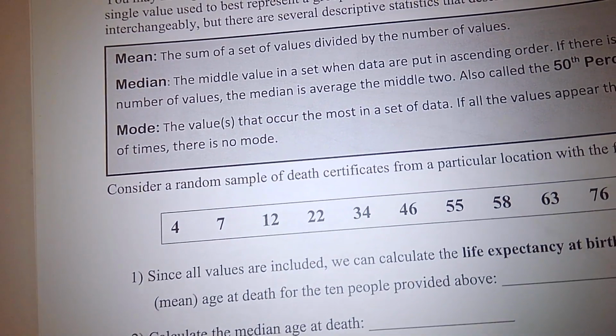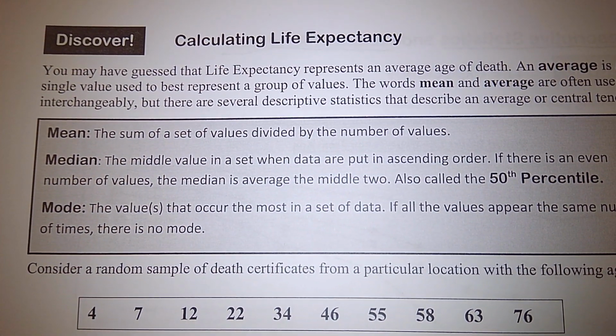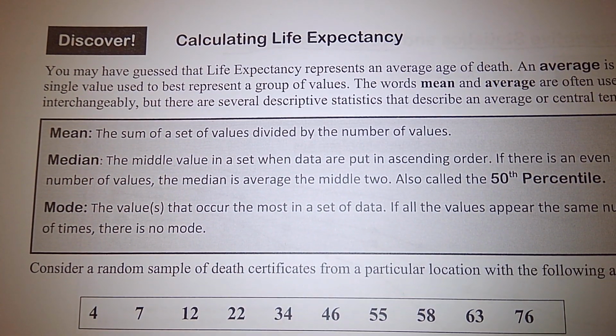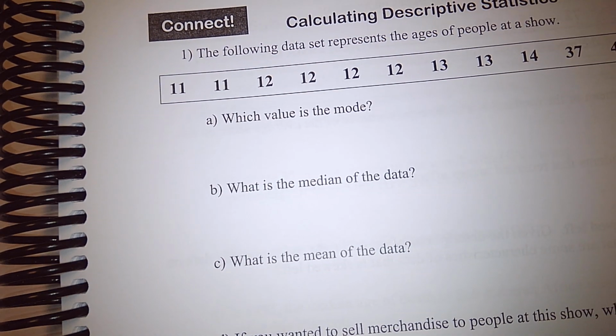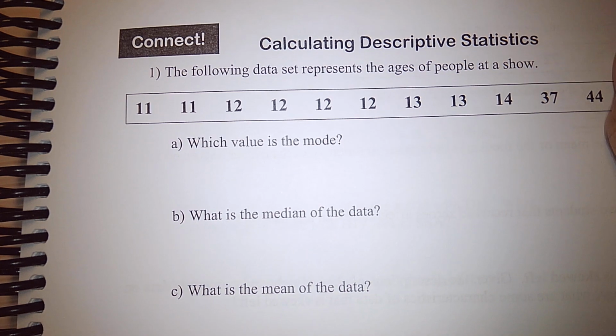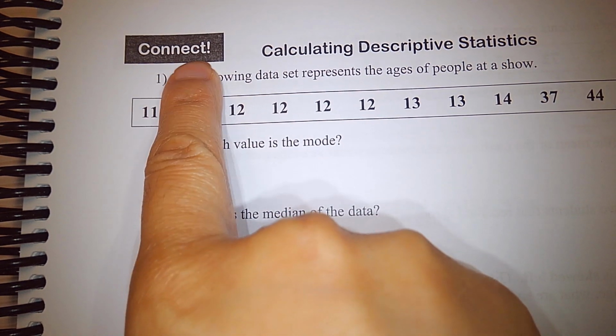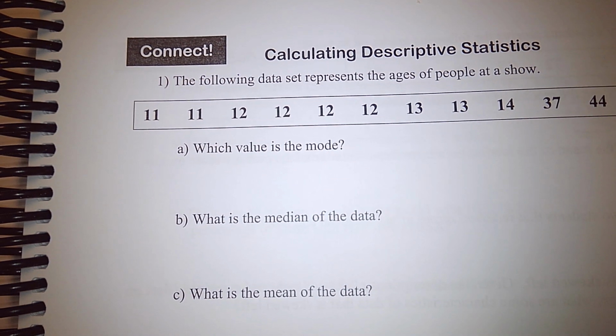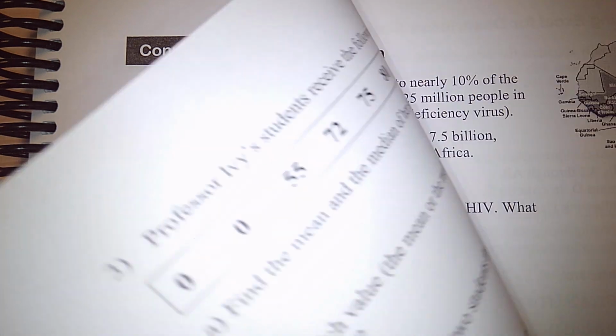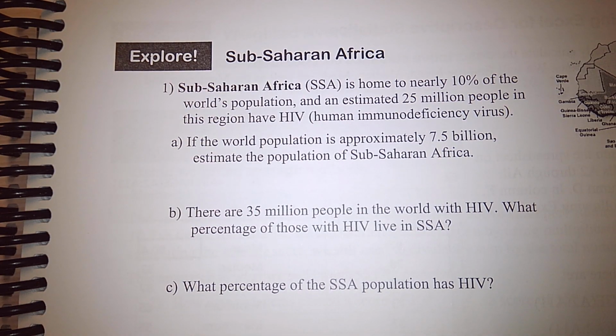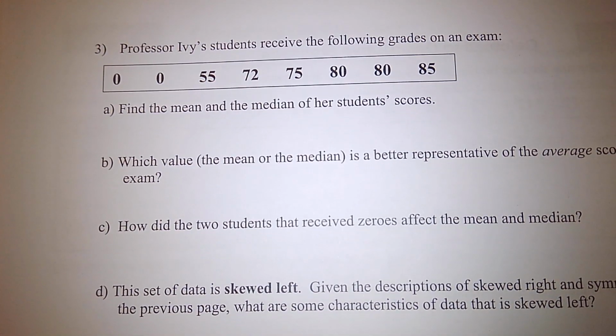Page 56, entire page. Page 57, entire page. If it's a connect part, we do the entire page 57. And page 58, entire page.